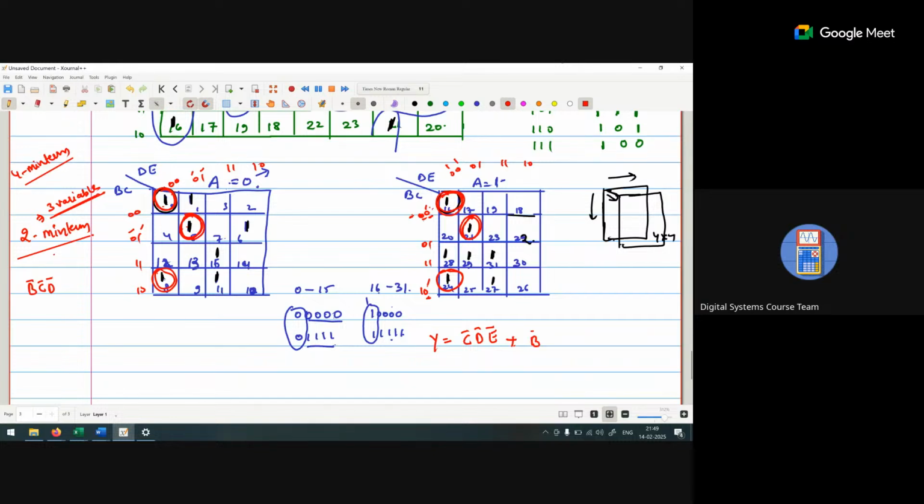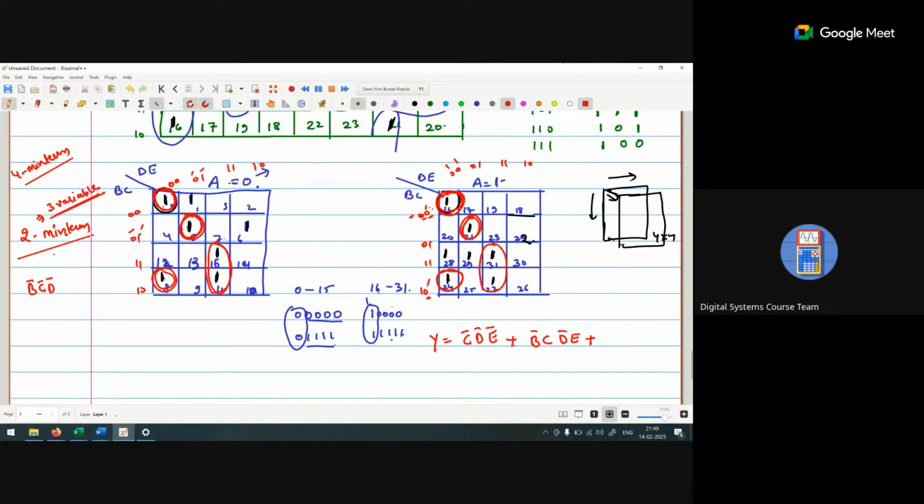So B bar, C, D bar, E. Okay. Now these two terms will overlap with these two.